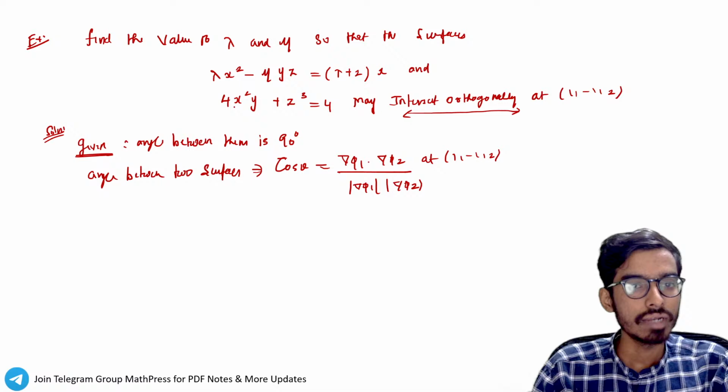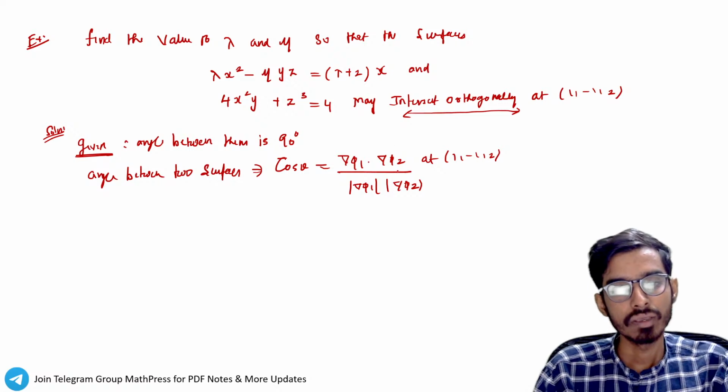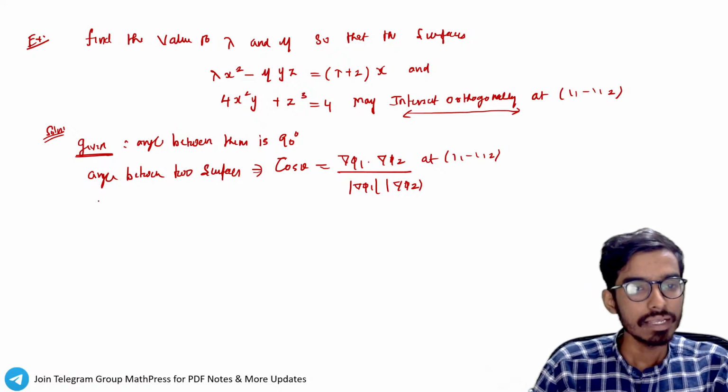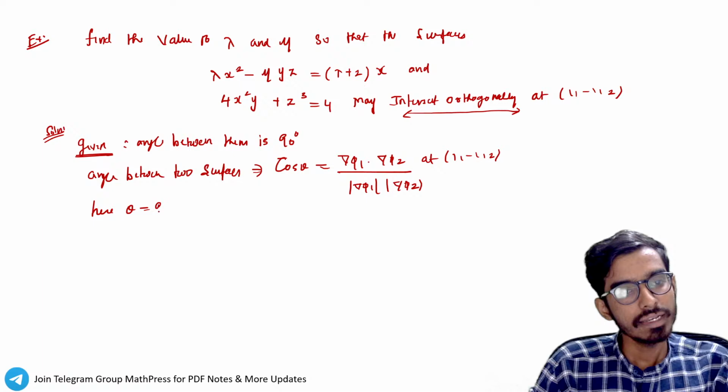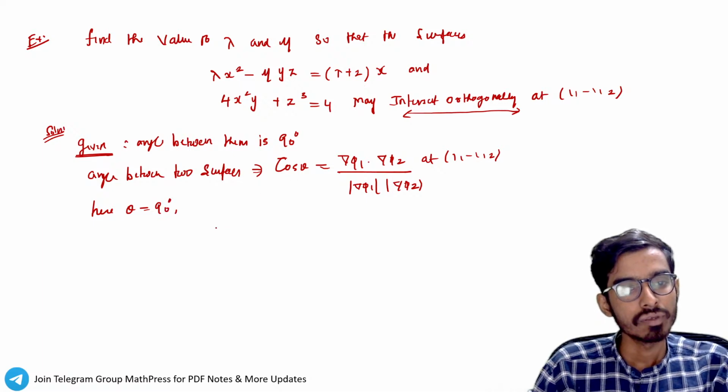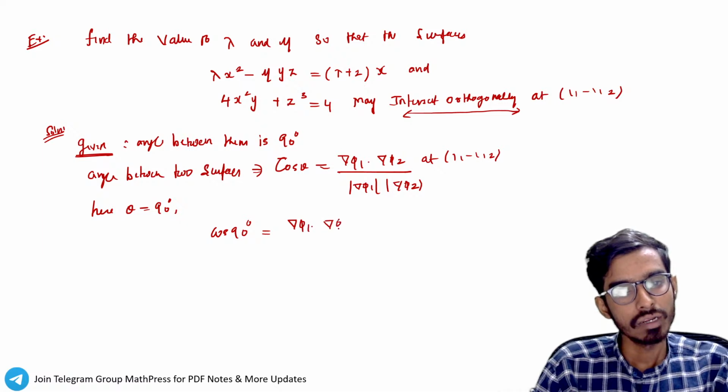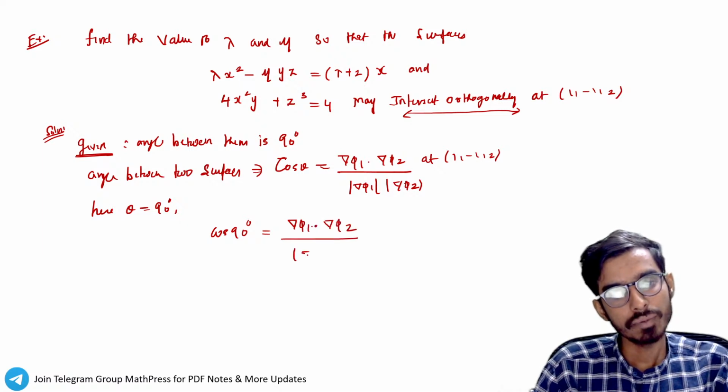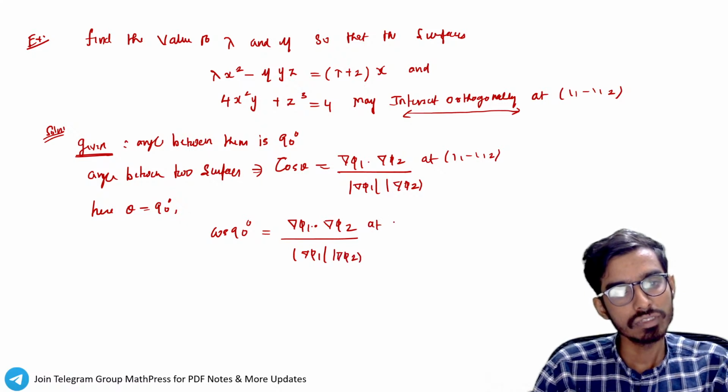Given we know this formula, here theta is equal to 90 degrees. So cos 90 is equal to del phi1 dot del phi2 divided by modulus of del phi1 modulus of del phi2, at the point 1 comma minus 1 comma 2.